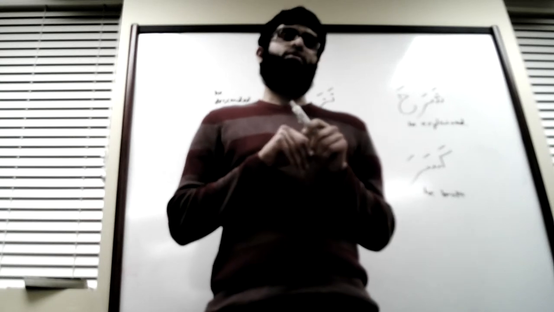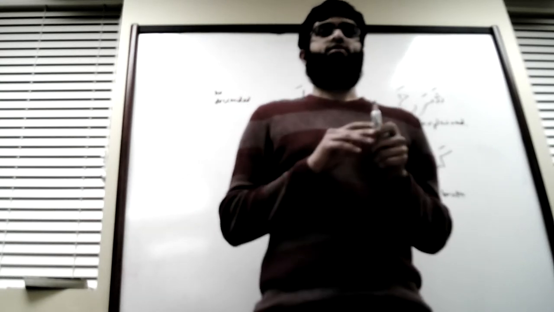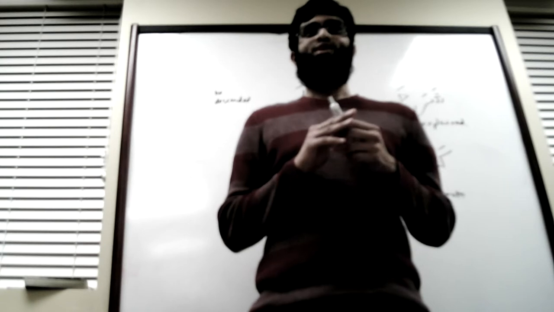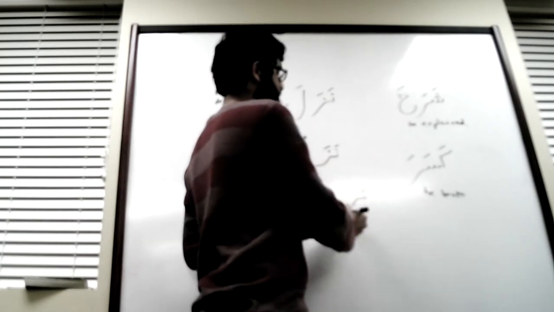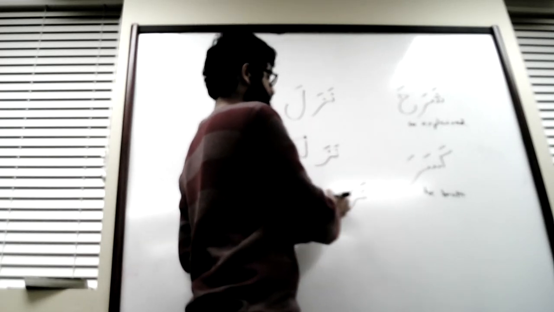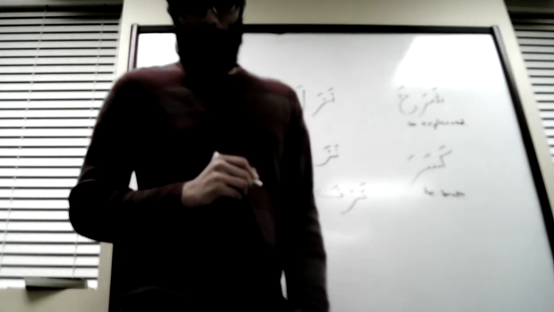Who wants to do another one, all by themselves? How about you, brother Najmul? You up for it? No, a different one. Do the third one in the second column. Arafa is he knew. So do Arafa.